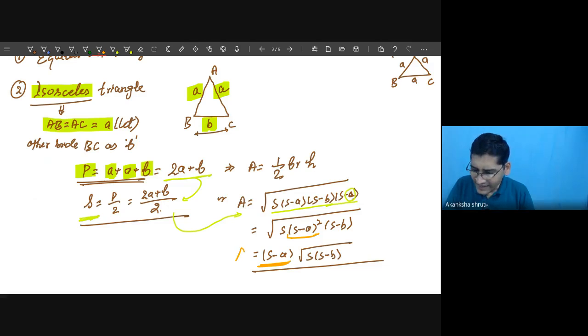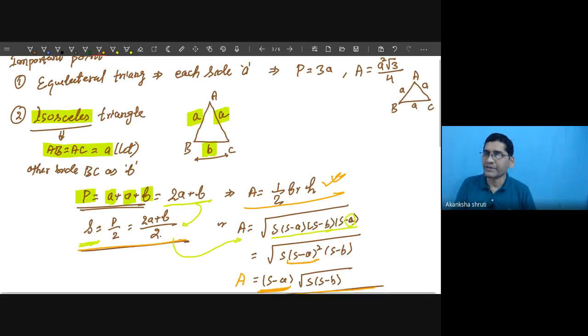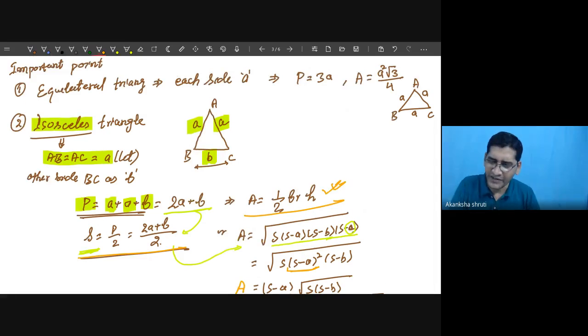So the area in short form, and the perimeter in this form, are given in some of the MCQs also. Okay. If we are given the height, then no doubt apply half into base into height. That's all. These are the things that we need to apply.